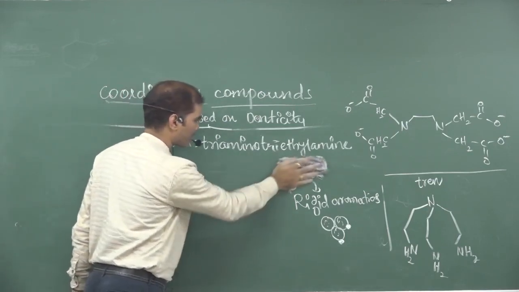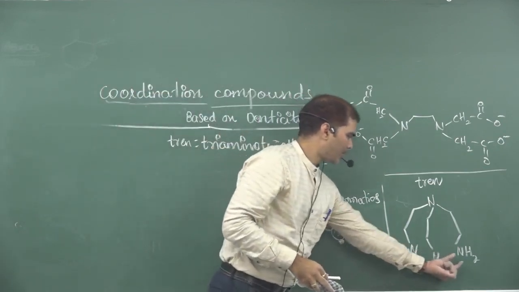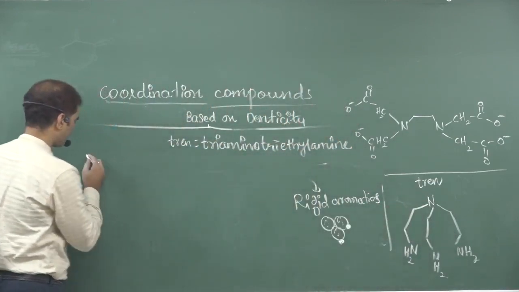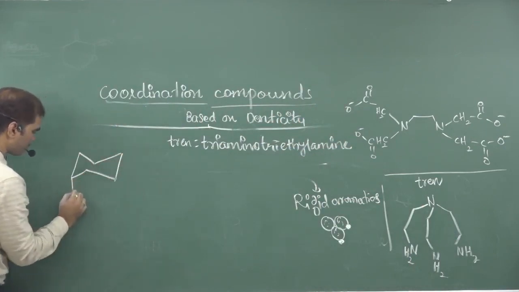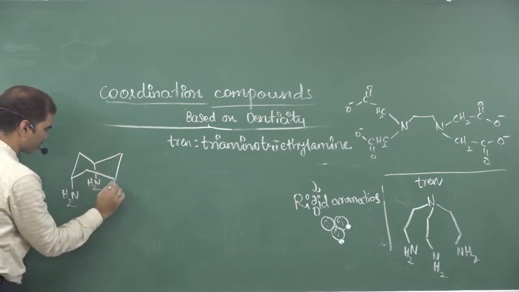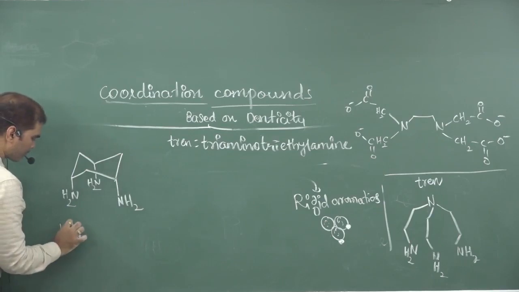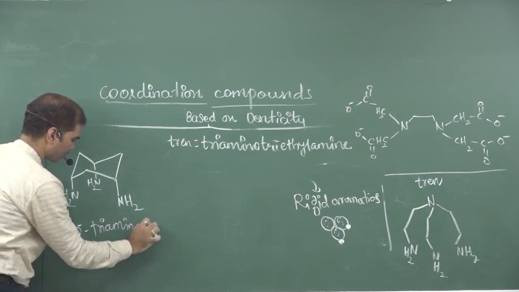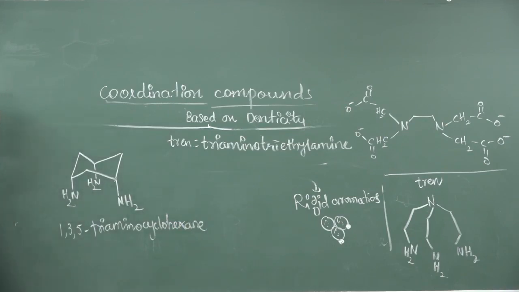Tren means triamino triethyl amine. One more is 1,3,5 triamino cyclohexane.